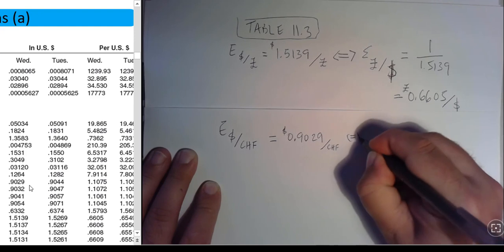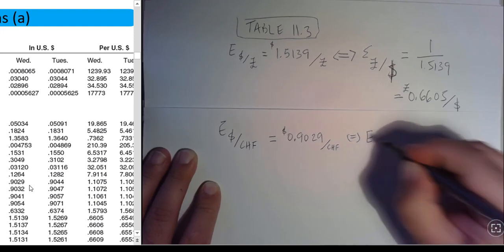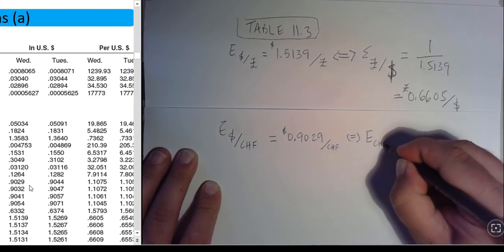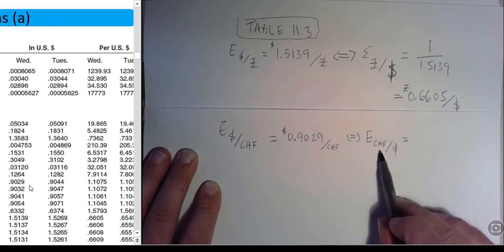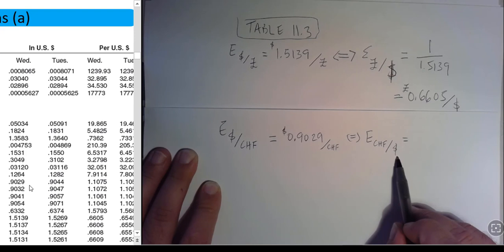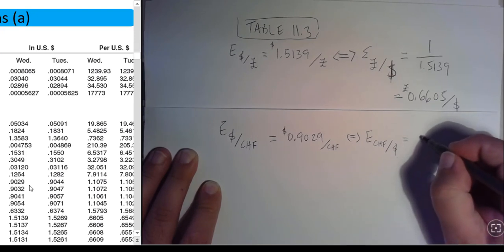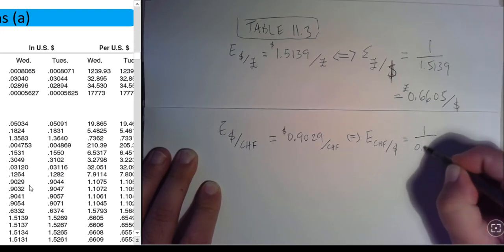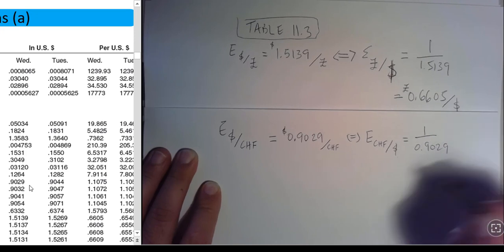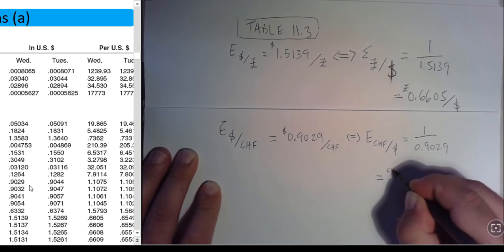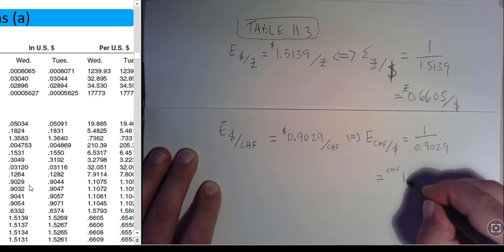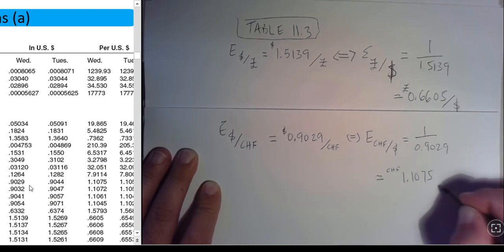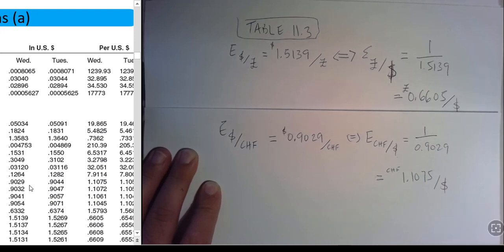So this is the same as, if I want to figure out how many Swiss francs I need to buy a dollar, just do the inverse of that. So the number of Swiss francs is 1.1075 per dollar.